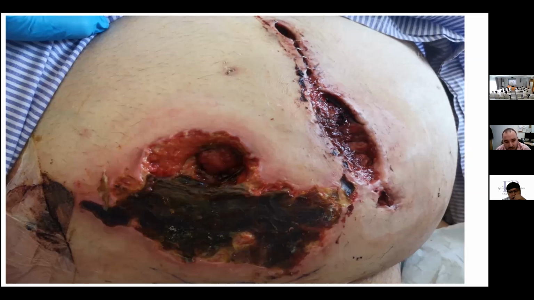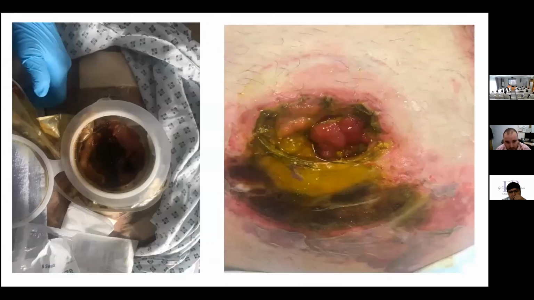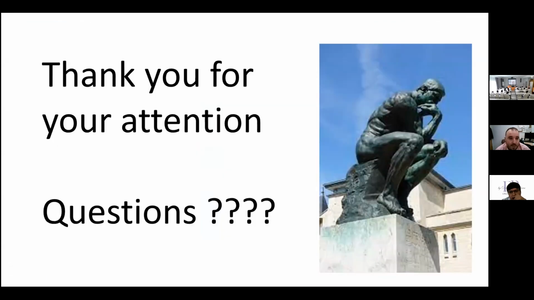But a few days later, he developed this skin necrosis. This is the same patient a few days before developing the skin necrosis. Unfortunately, I was planning to show you a few of my videos, but I will probably do that next time.